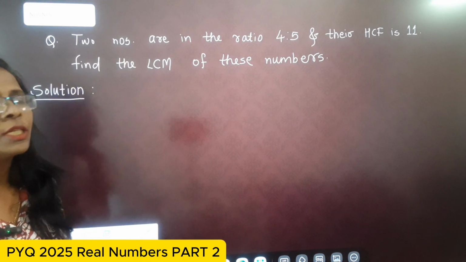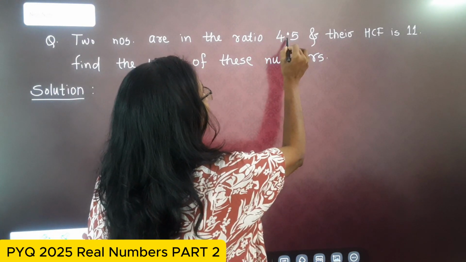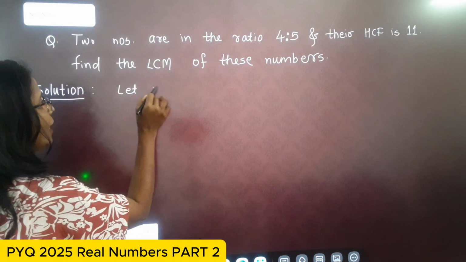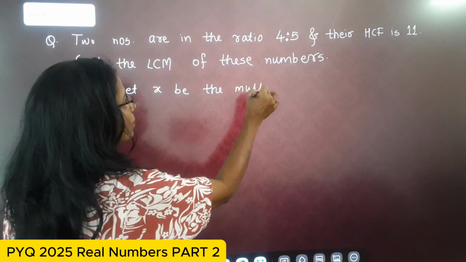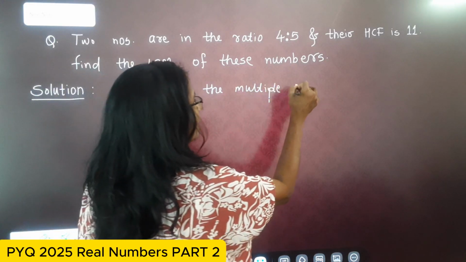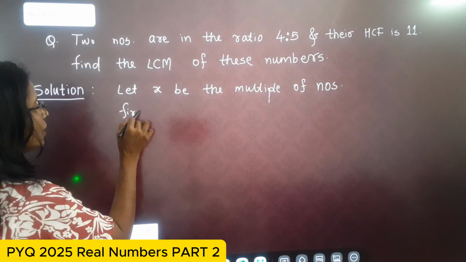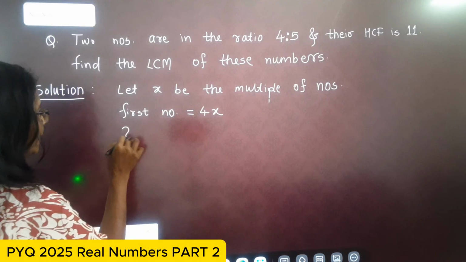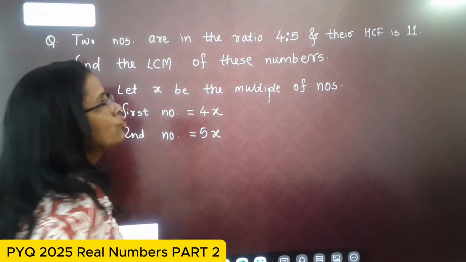Here they give us the ratio of the two numbers. So let x be the common multiple of the numbers. The first number becomes 4x and the second number becomes 5x.